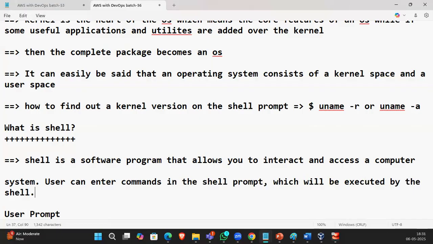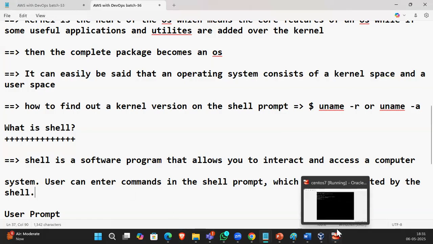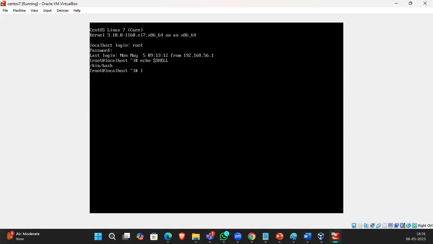The shell is a software program that allows you to interact and access a computer system. So where are we executing the commands? We are executing the commands in the shell prompt.